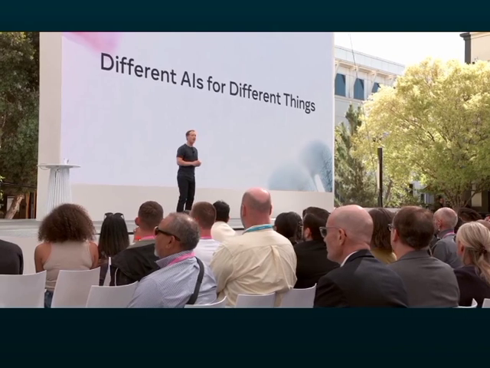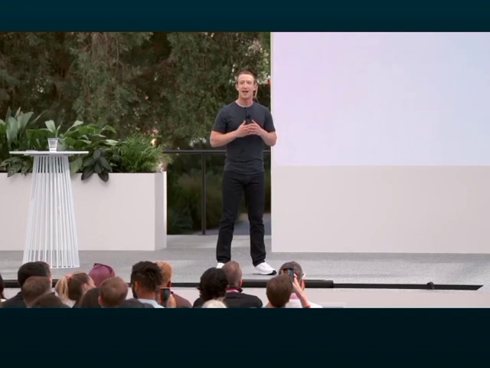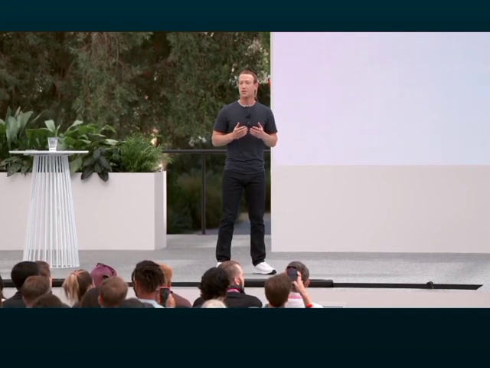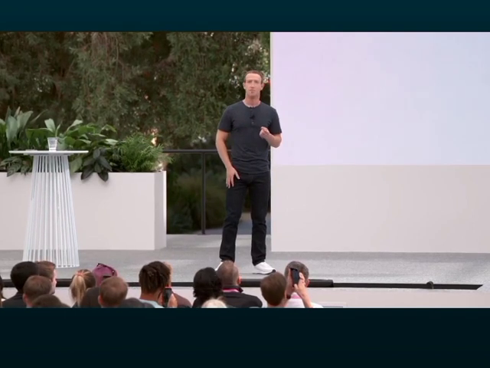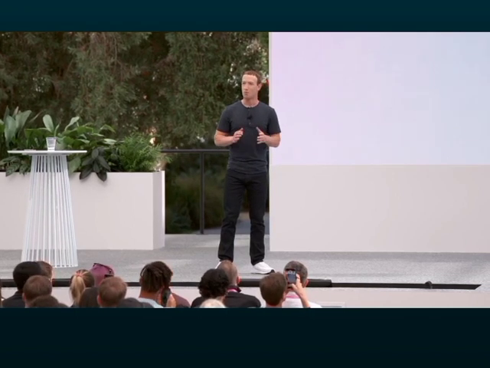But beyond that, they're going to have profiles in Instagram and Facebook, and you'll be able to interact with them. And eventually, they're going to be embodied as avatars and you'll be able to interact with them in the metaverse, too. And we're going to open this platform up for developers and more use cases soon. I'm really looking forward to seeing what all of you build.